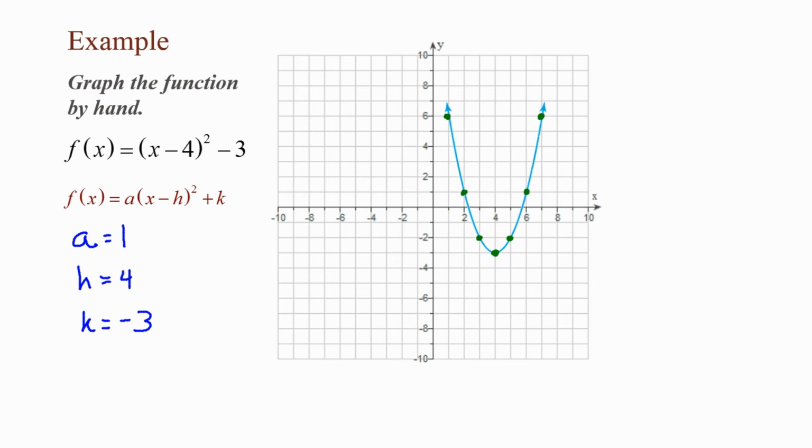Then we draw our parabola. And now we have the graph of the function f of x equals (x minus 4) squared minus 3.